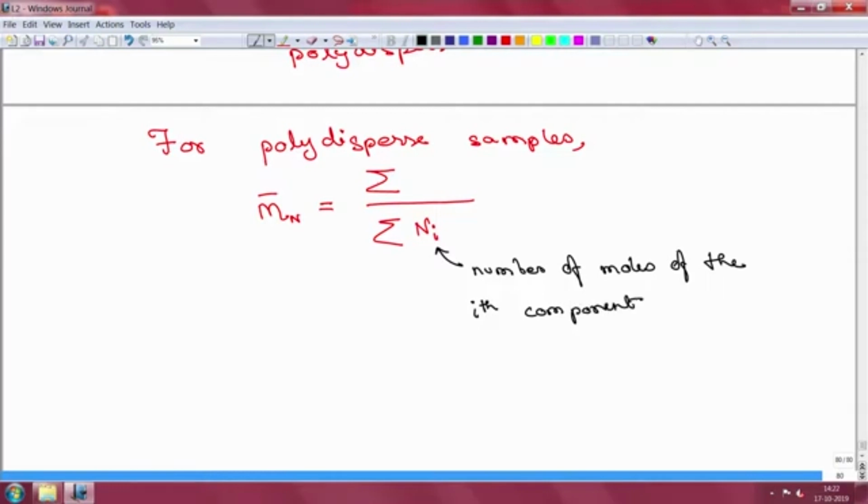And on the top you can probably guess that you would have an Mi, in this case both of these summations are being done over i, and this M is the molecular weight of the ith component.